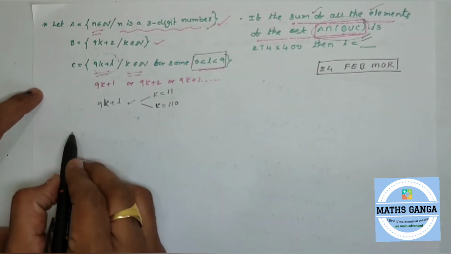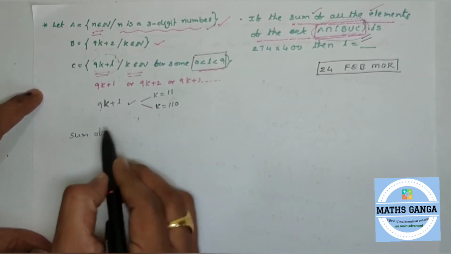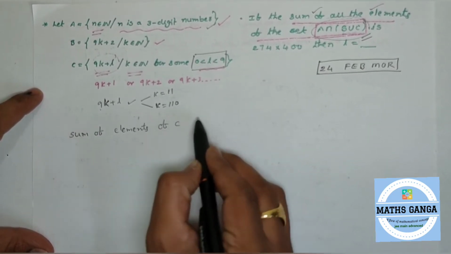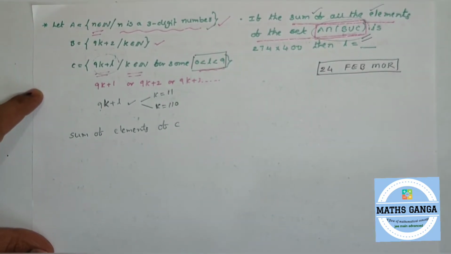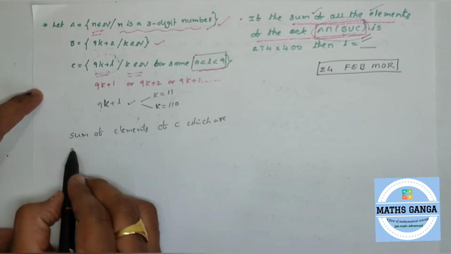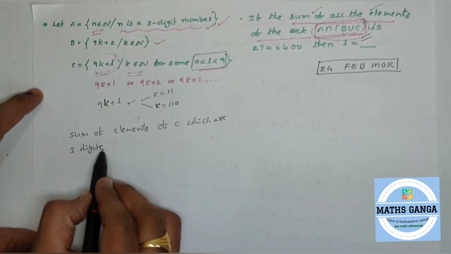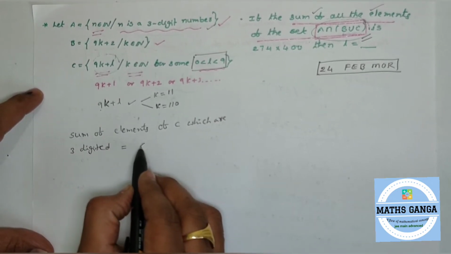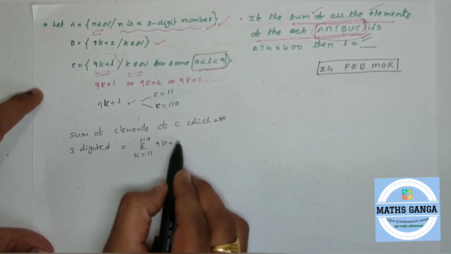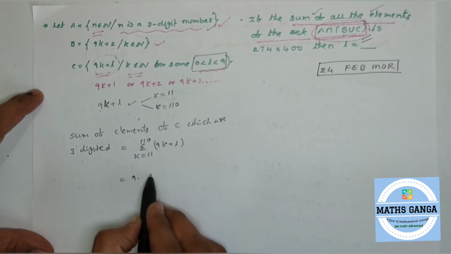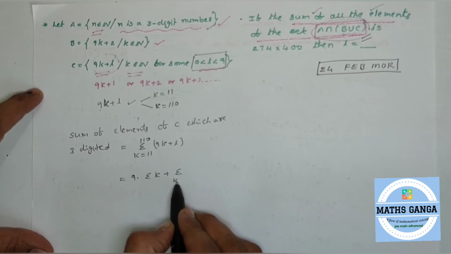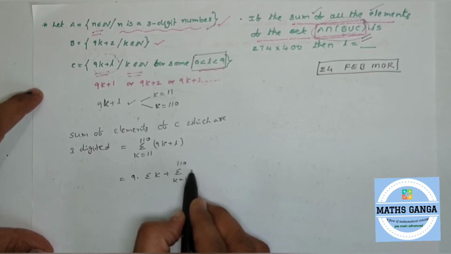Initially, I am going to identify the sum of elements of C, and that too in particular those which are 3-digit numbers. Identifying the sum of elements of C which are 3-digit is nothing but sigma running from 11 to 110 of 9k plus L, and that is nothing but 9 into sigma k running from 11 to 110 plus sigma running from 11 to 110 of L.